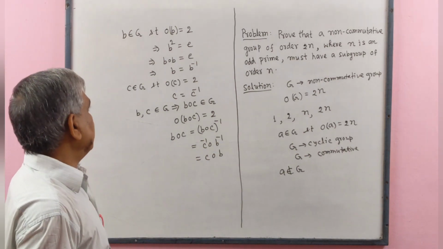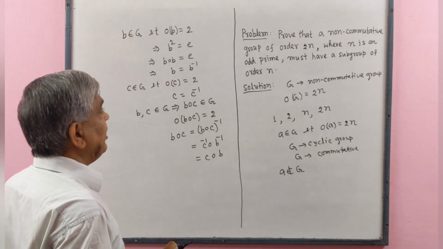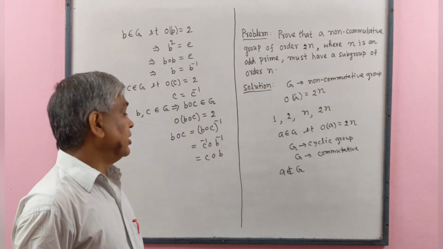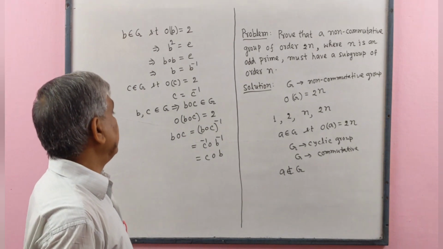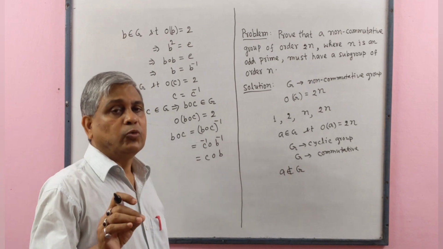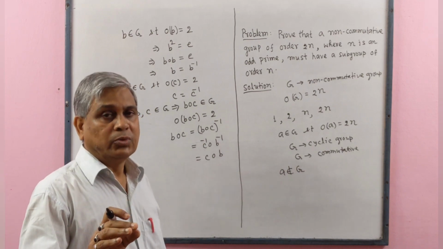That is, the group is commutative. But it is given that the group is non-commutative. Therefore, every element of the group will not be of order 2.